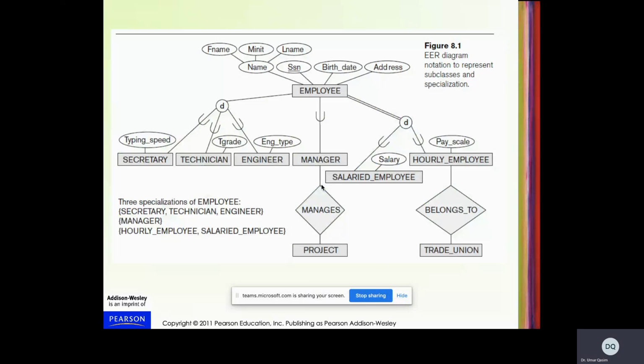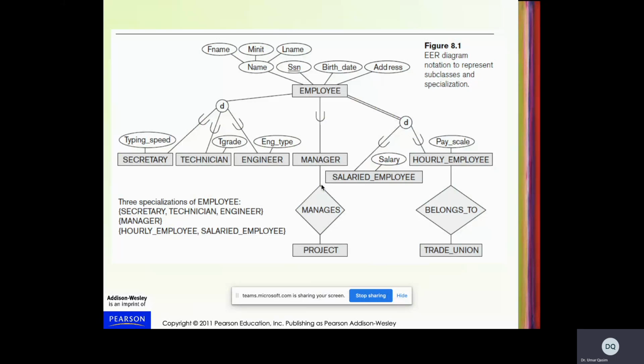So let's look at this diagram. In this diagram, if you look at employee, employee has all those attributes which we created in the entity relationship modeling last time: name, SSN, birth date, address. Now this employee can have some specializations. One specialization could be in terms of their role: secretary, technician, or engineer. The other type is, for instance, the salaried employee versus the hourly employee.